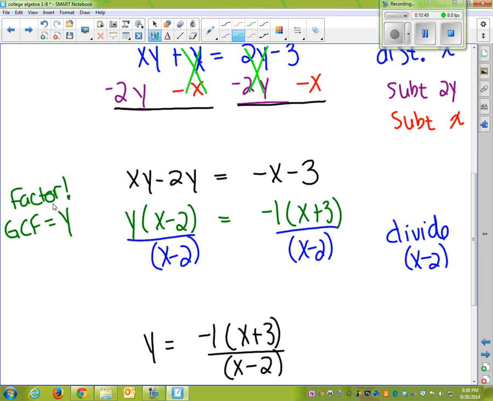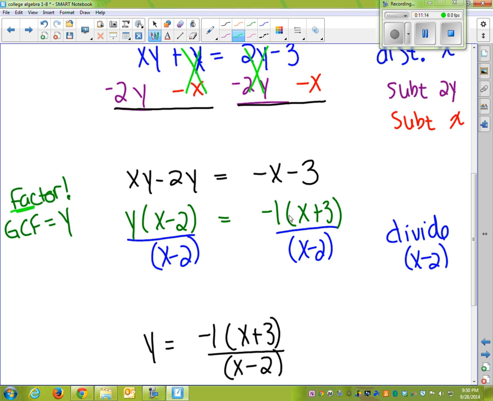So my favorite thing, we get to factor. It's always a good day when we get a factor. I noticed a GCF of y on the left-hand side, so I pulled it out. And on the right, I pulled out a negative 1. You don't have to, but typically we don't want x to be negative in our binomial.